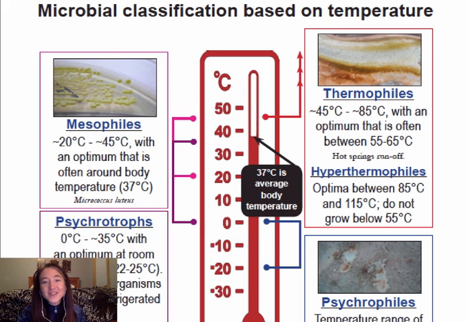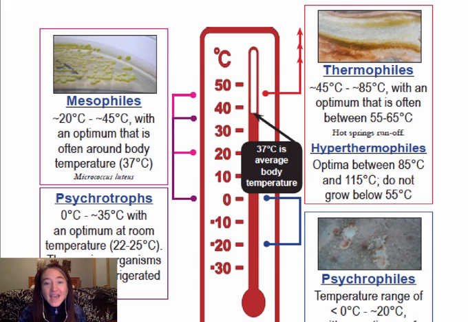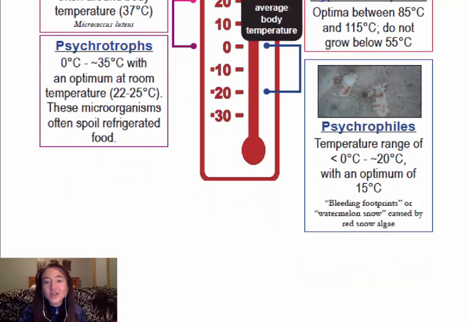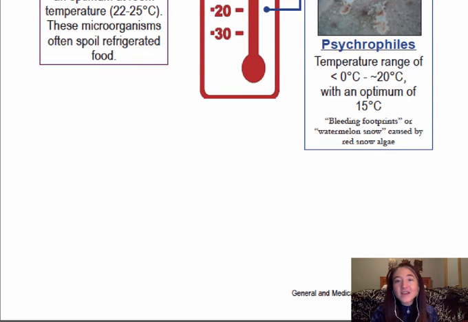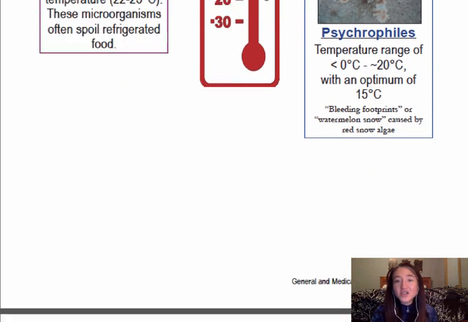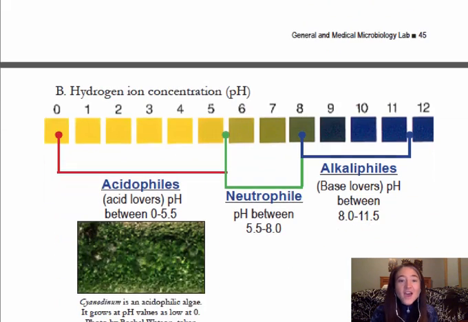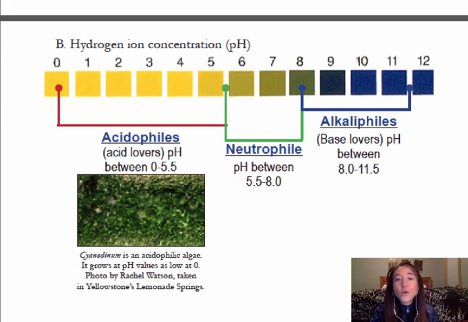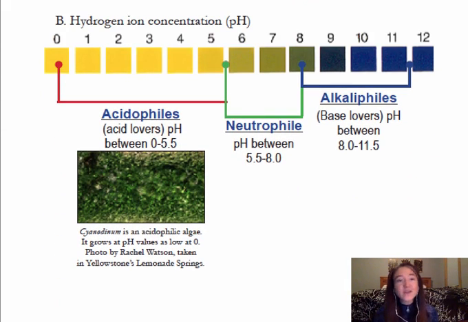And of course, you can think about the idea that pH, or hydrogen ion concentration, especially when we think about the bacteria and algae of Yellowstone National Park, we see that there are a lot of organisms in those environments that like acidic pHs, high hydrogen ion concentrations.